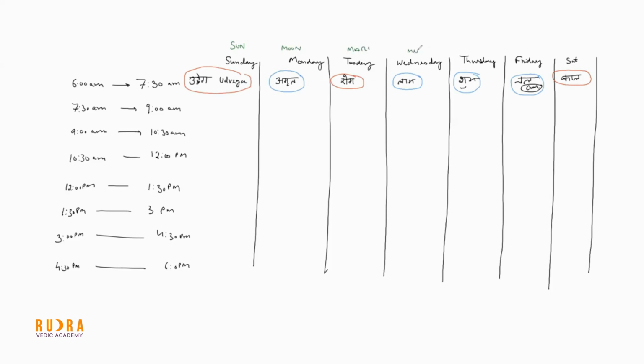Mercury? Jupiter? Venus? And Saturn. So the Choghadiyas of Sun, Mars, and Saturn are not auspicious, technically. And the Choghadiyas of the Moon, Mercury, Jupiter, and Venus are auspicious. The others are not auspicious.